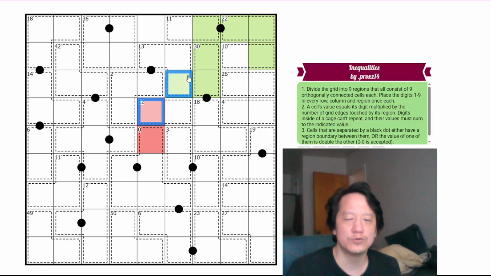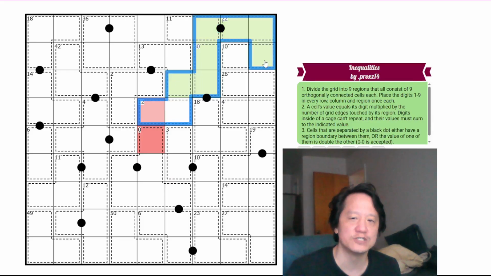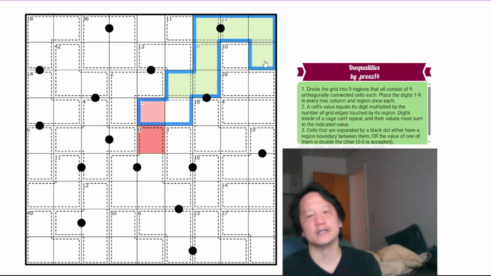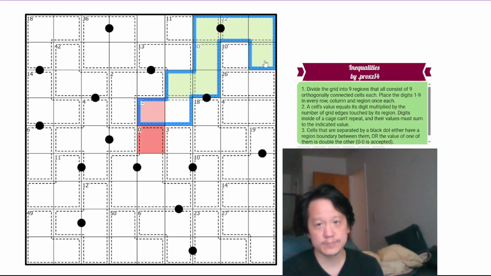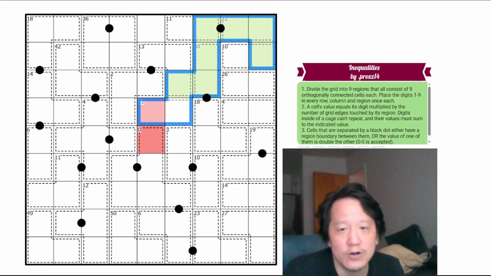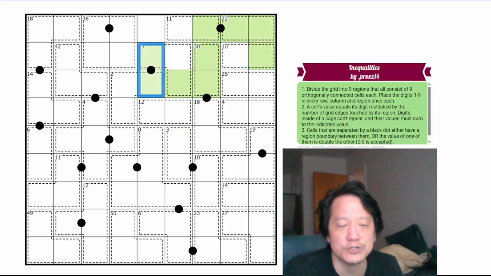They would have to go through a corner here or exit the region by going through an edge, neither of which is allowed for orthogonally connected regions. So that's an example of how orthogonally connected regions work.